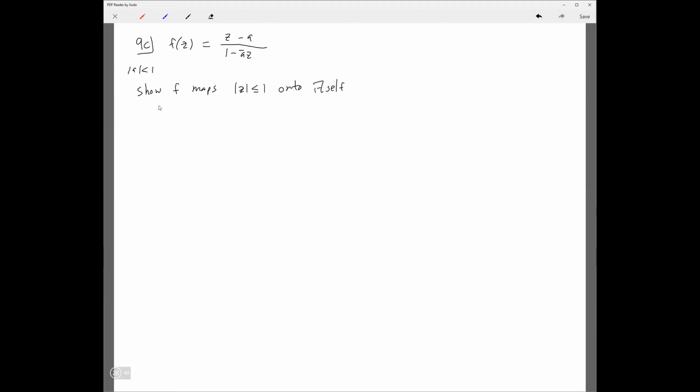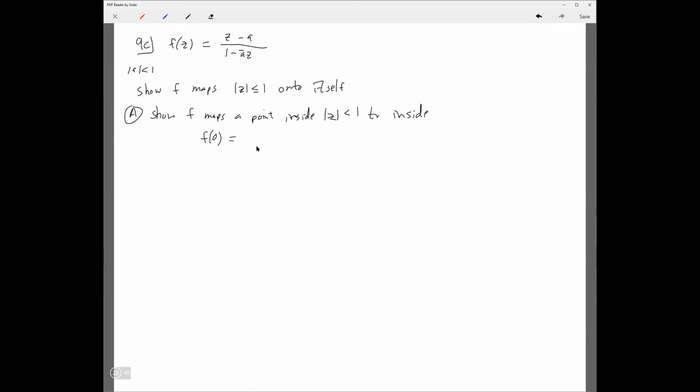Really, there's only two things you have to do. The first one is to show that F maps a point inside to inside. 0 is a point inside, right?